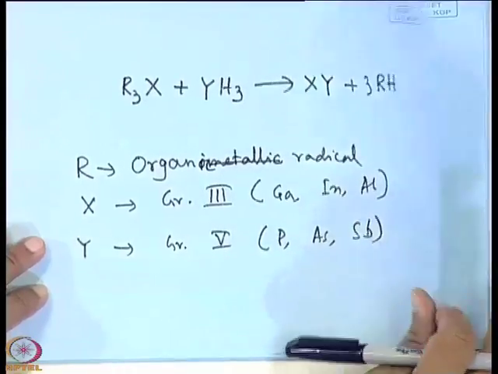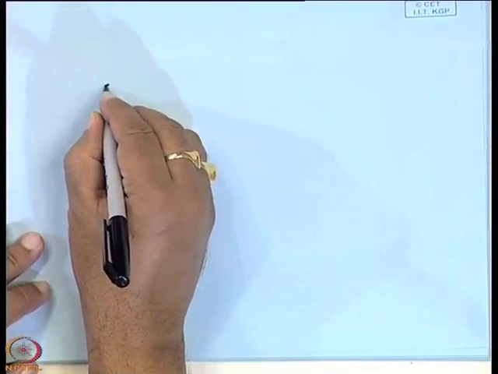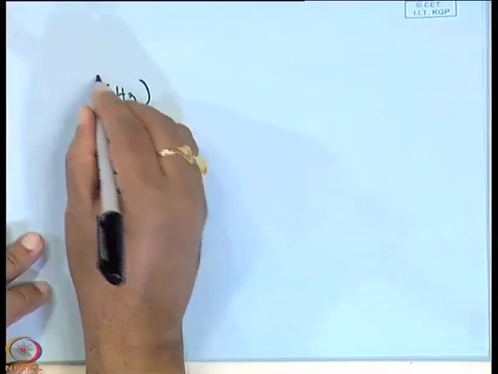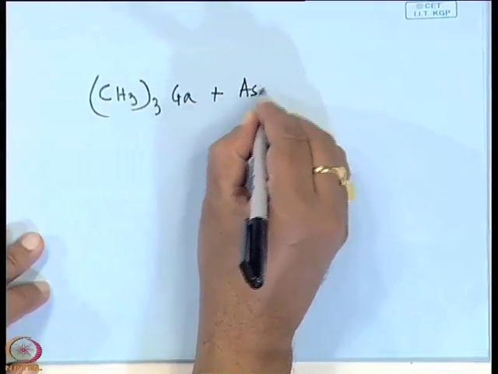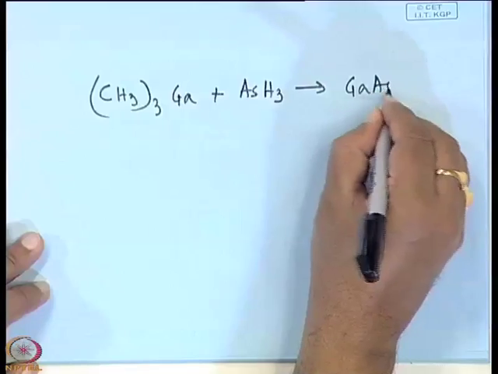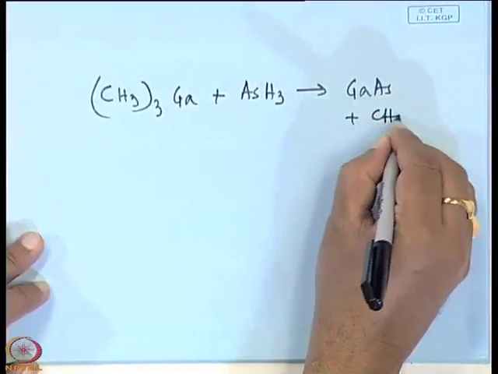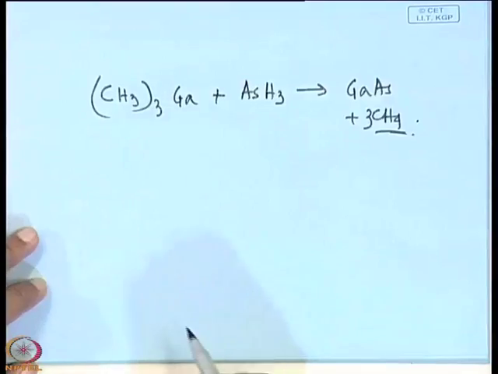And if you take one example, trimethyl gallium, Ga(CH3)3, plus AsH3, arsine, you will get gallium arsenide plus CH4, that means methane. So, methane is the byproduct. That is the problem with MOCVD.